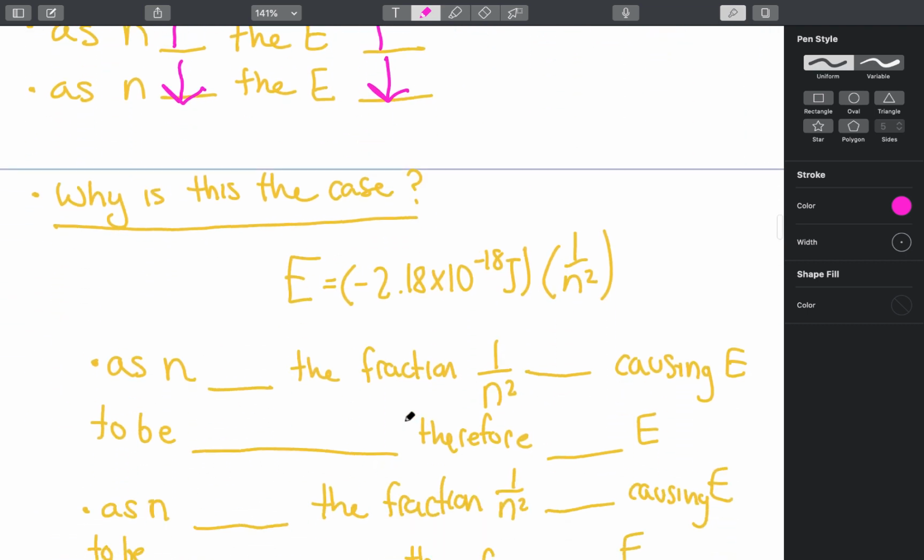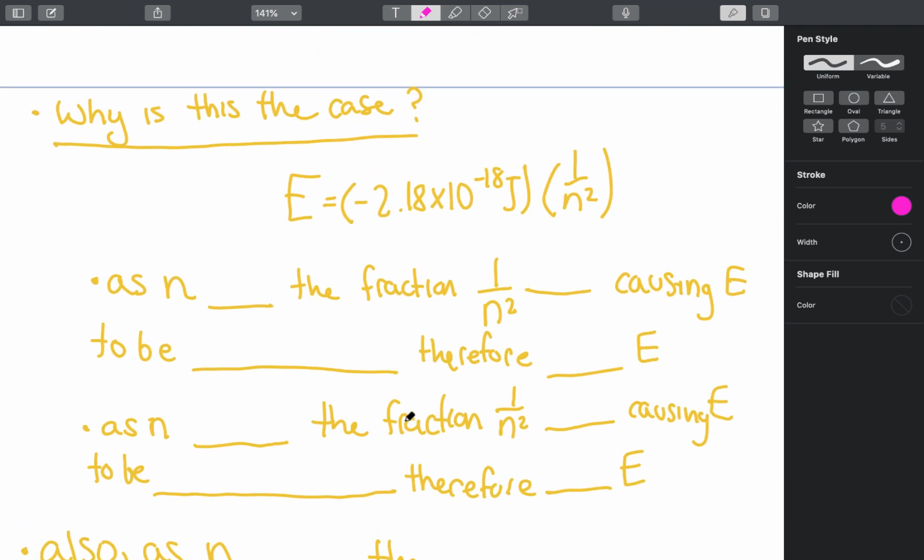And down here I have a written form so that you don't have to just go off of what I said. So as n increases, the fraction 1 over n squared decreases, causing energy to be more positive, therefore causing energy to increase.